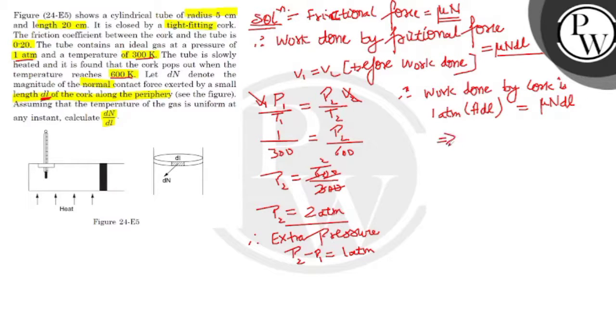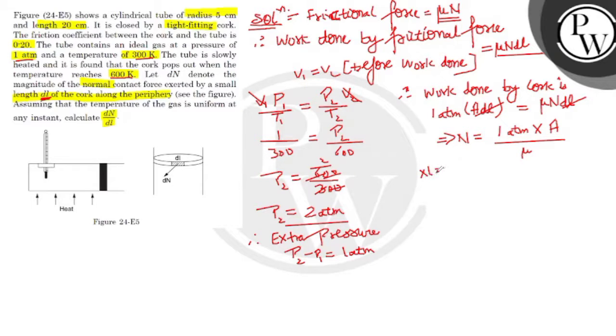So we can say that N is equal to, dl is cancelled out by dl, 1 atmosphere multiplied by A divided by mu.